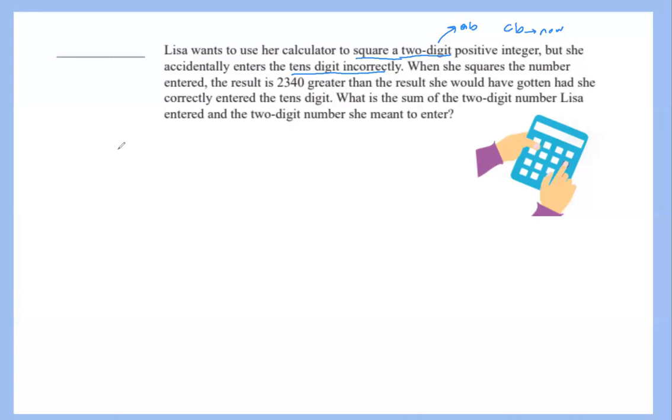So she is going to have CB squared minus AB squared, and this is equal to 2340 because we are going to get 2,340 larger than what we're supposed to be getting. So CB is the new number, AB is the previous number, so the difference of the squares should be this.